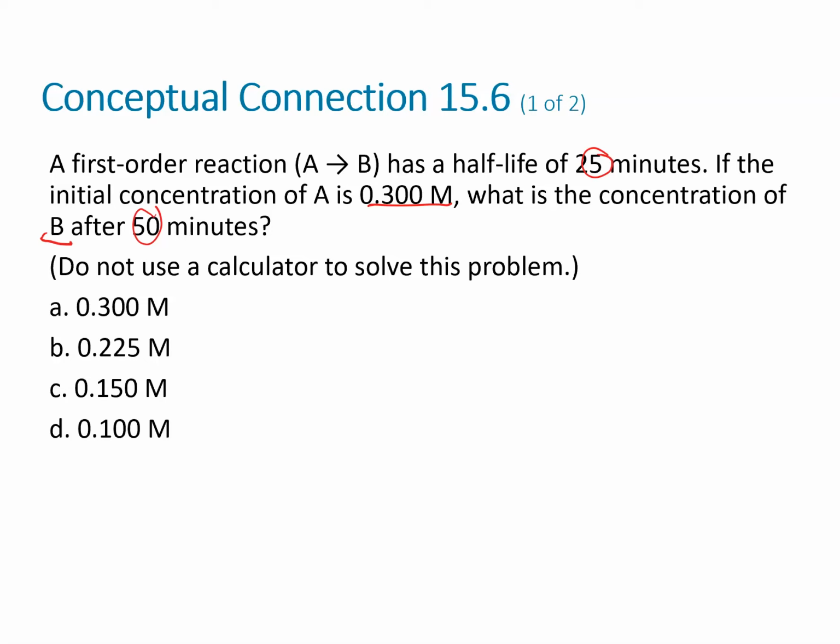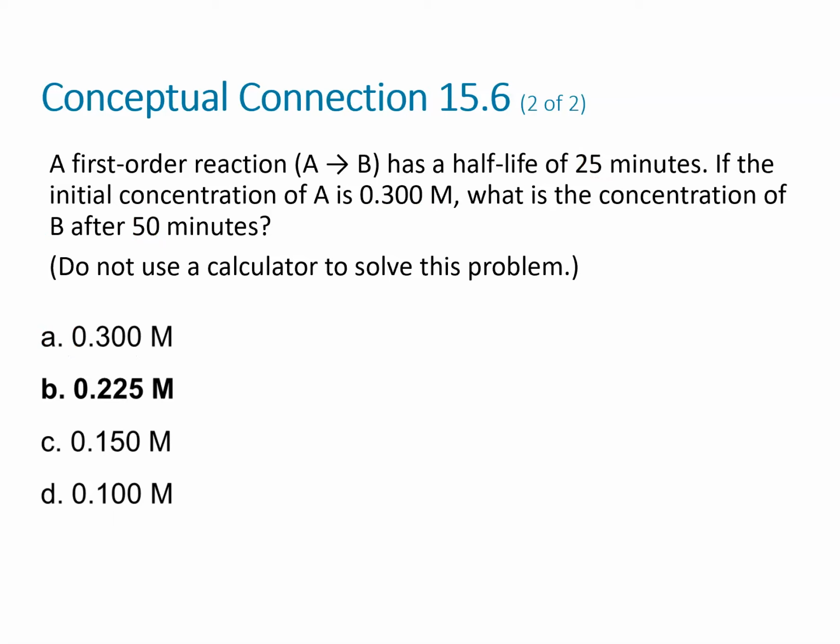That means that the difference between the initial concentration, 0.300 moles per liter, and final 0.075 moles per liter is going to be 0.225. So our product, we should have 0.225 moles per liter of product B formed. And we do. Excellent.